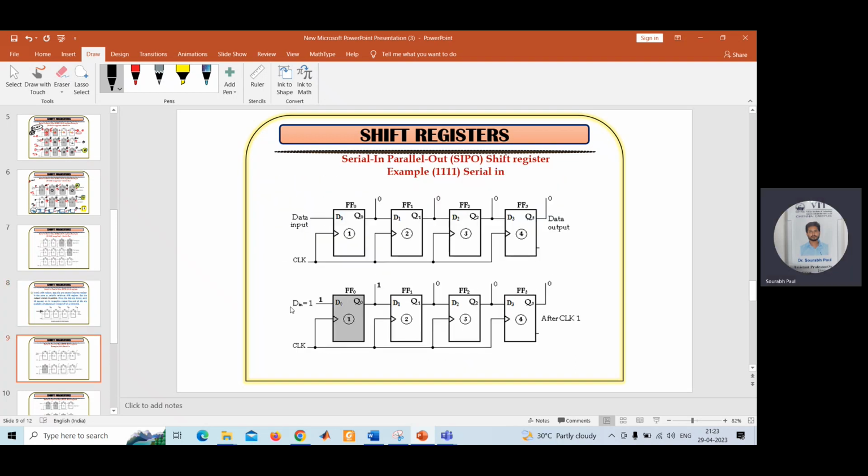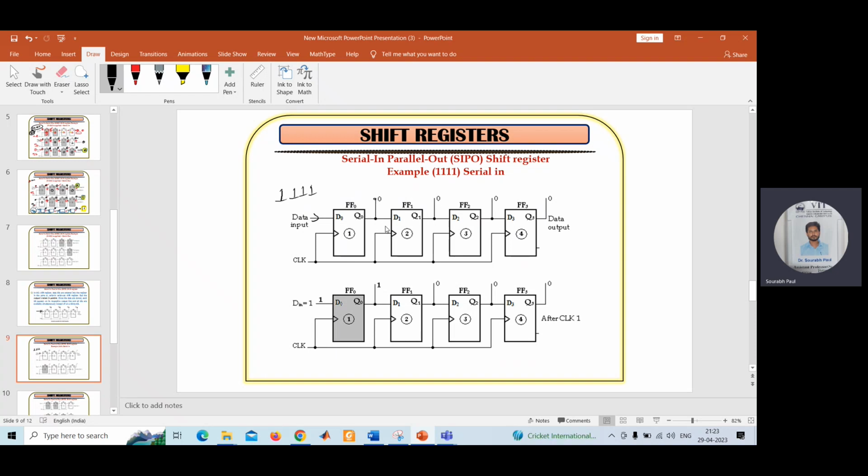In this case, we can take one example. Suppose we are considering the example of 1111. These 4 bits we are giving as an input, and we will be observing whether we are getting these 4 bits in the output terminals or not.